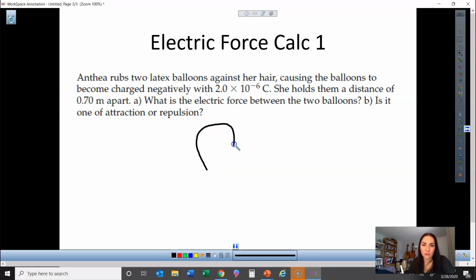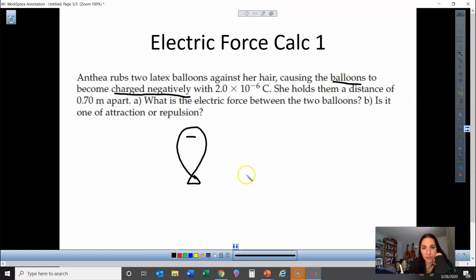So we have a balloon. Terribly drawn. Try again. The balloon is negative. It says that, causing the balloon to become negatively charged. And this says balloon, so they're both negatively charged. And they both have the same charge, 2 times 10 to negative 6 coulombs.